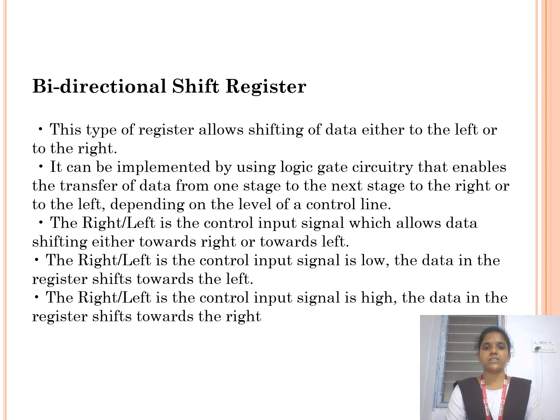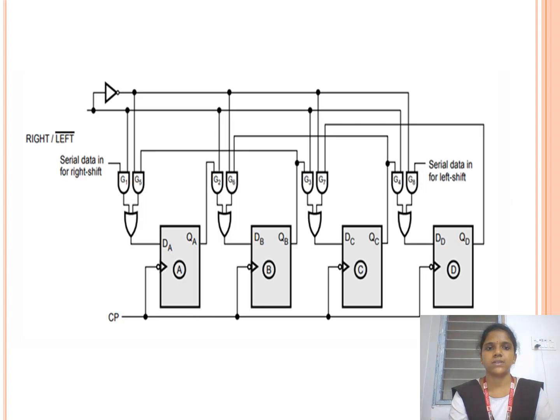When the right/left control input signal is low, the data in the register shifts towards left. When the right/left control input signal is high, the data in the shift register shifts towards right.